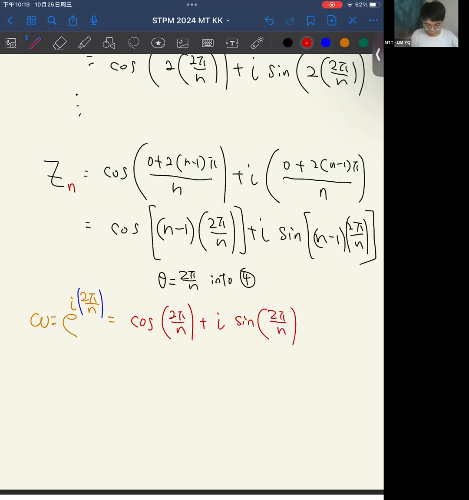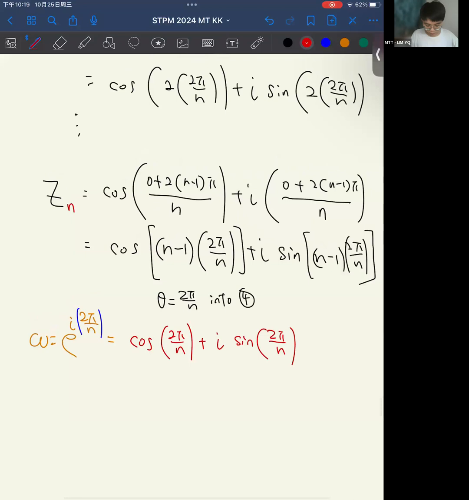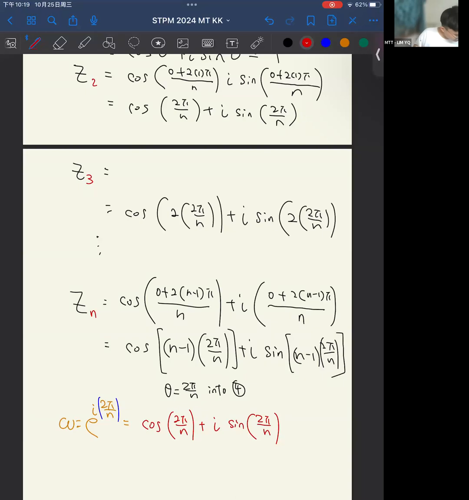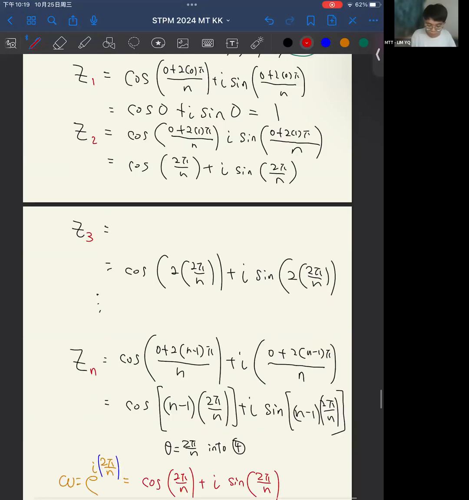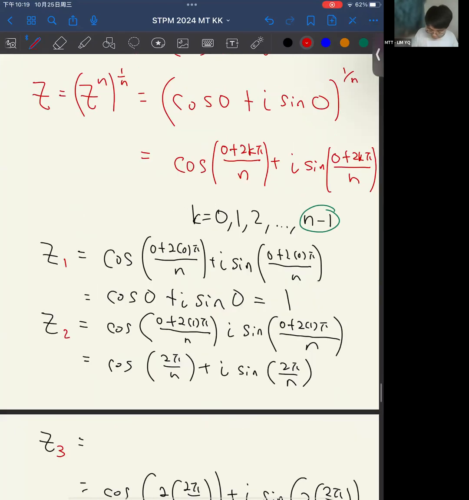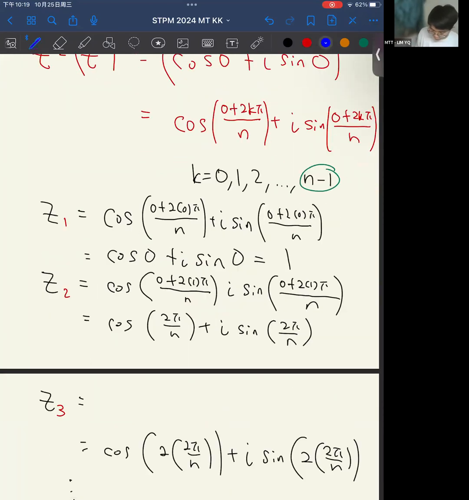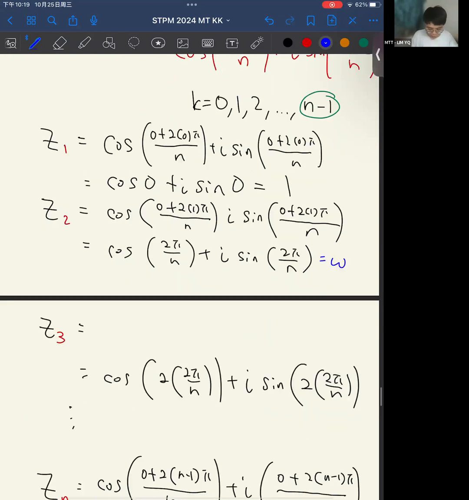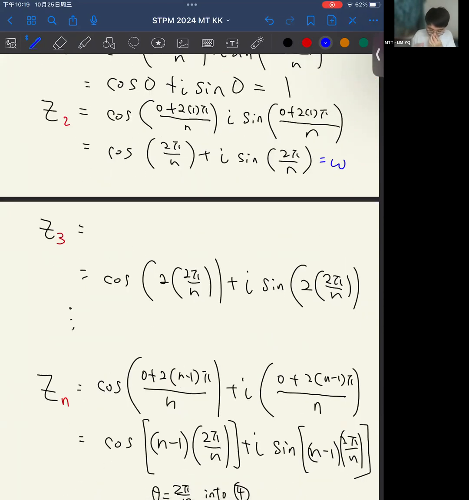So this is W. It's the smallest positive argument. So this is what they say. Wait, it's the root with the smallest positive argument, which is your Z2, correct? Your Z2 equal to W, right? W. Okay, it's the same. Z1, just 1 only.